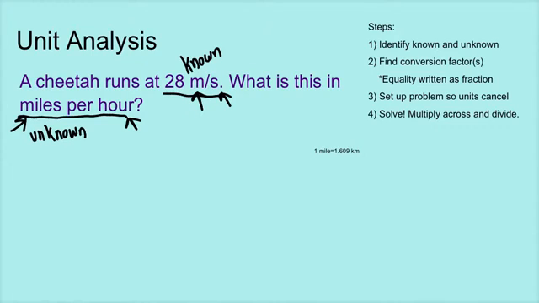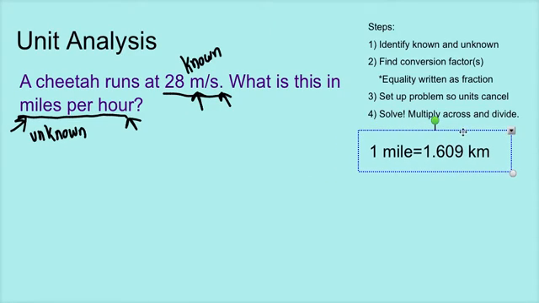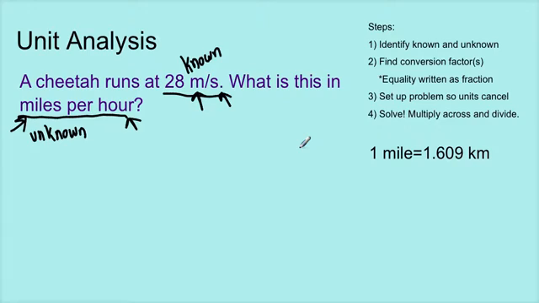Okay? Just so you guys can see how many conversion factors you can string together and still get the right answer, instead of looking up the conversion from miles to meters, I'm going to stick with this one of 1 mile equals 1.609 kilometers. I'm also going to have to go from kilometers to meters. So I know that 1 kilometer is 1,000 meters.